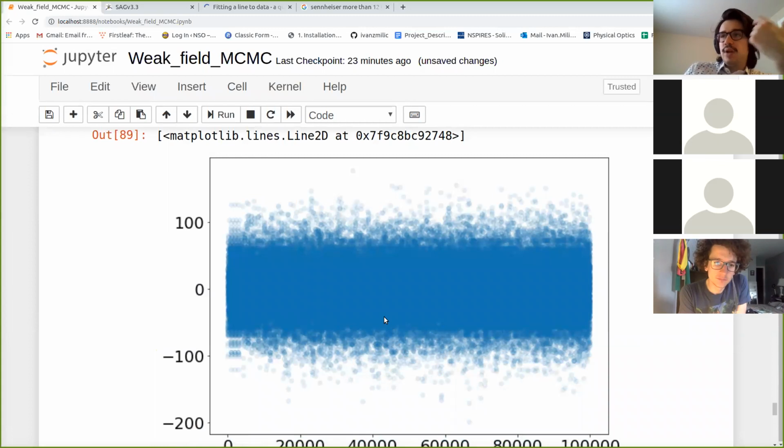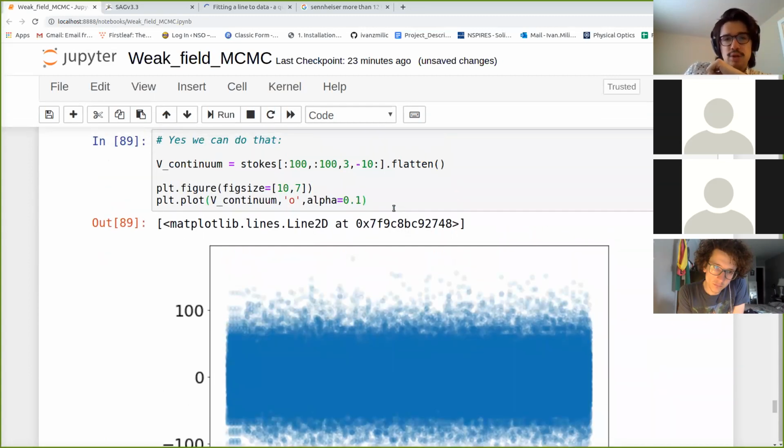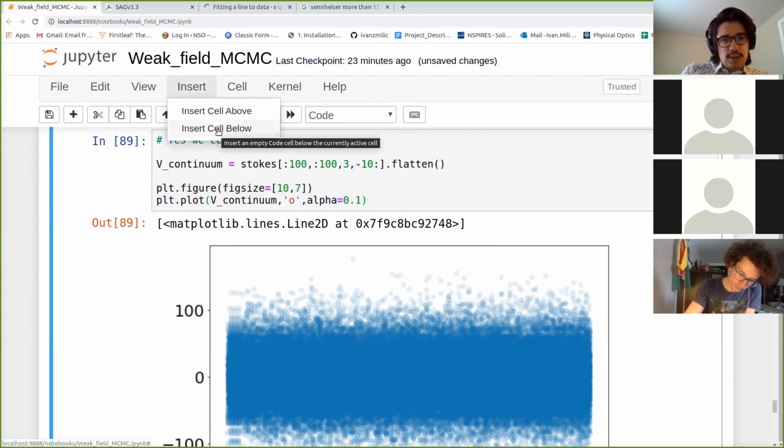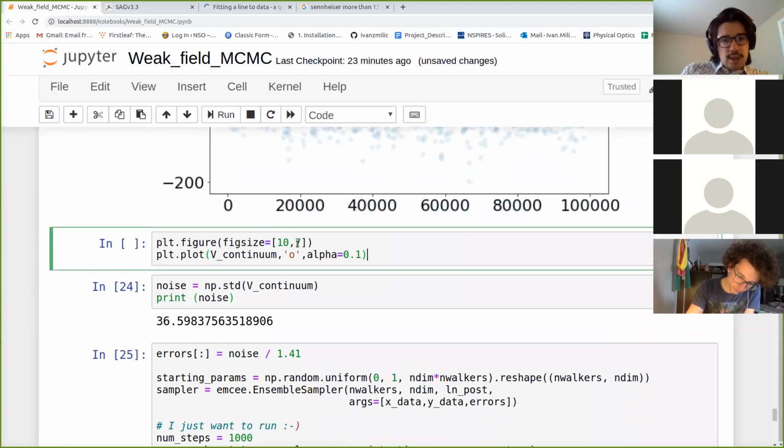And you see that really the values are roughly centered around 0, but they have some spread. We are actually going to plot the spread now on the histogram. So I also want to plot the histogram from that. Insert cell below. So let's plot histogram.